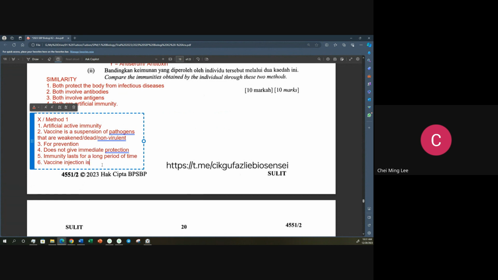And this vaccine injection, we administer it before being infected.